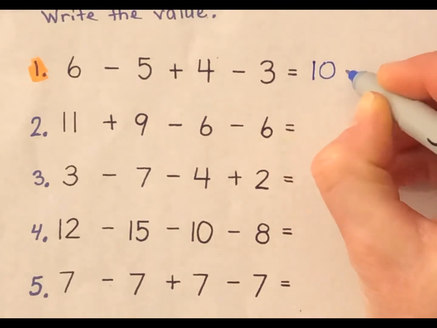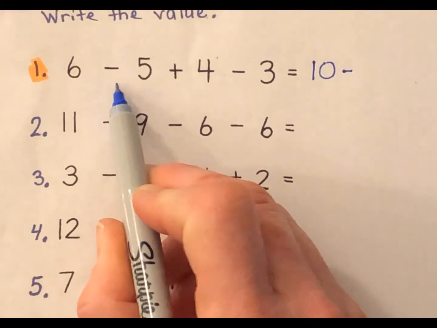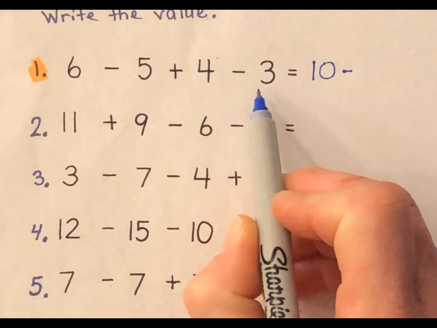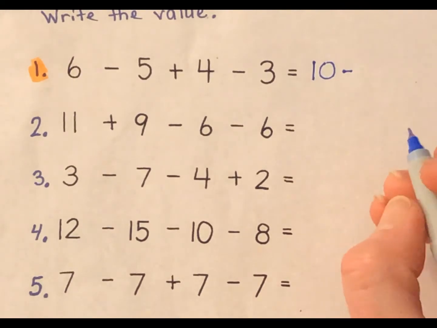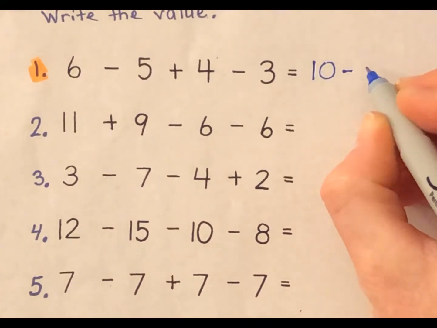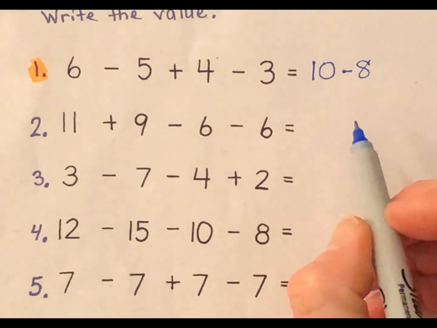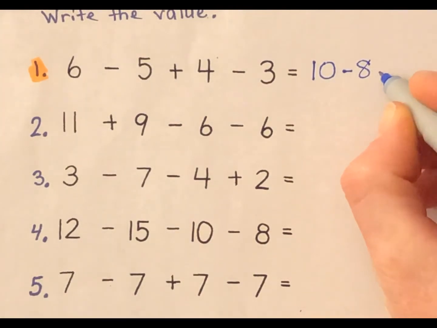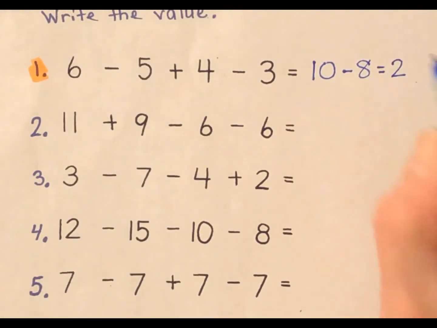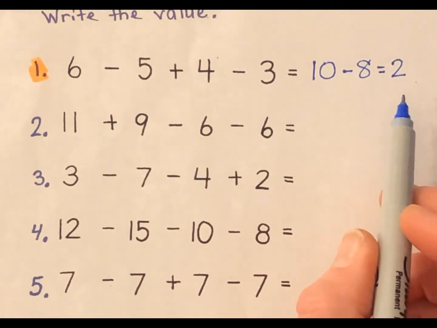And then from that, I'm going to take away the negatives. -5 and -3 gives me -8. Now it's much simpler. 10 minus 8 is 2. So the value of all that is just 2.